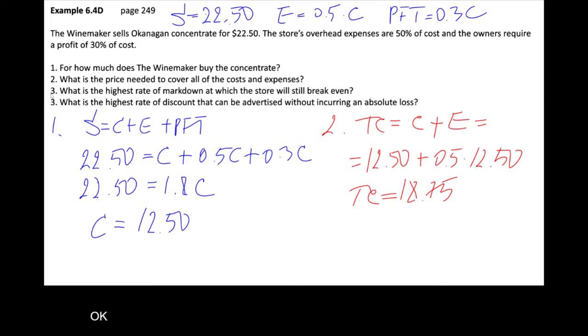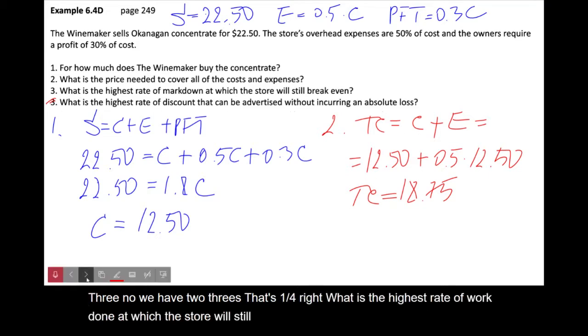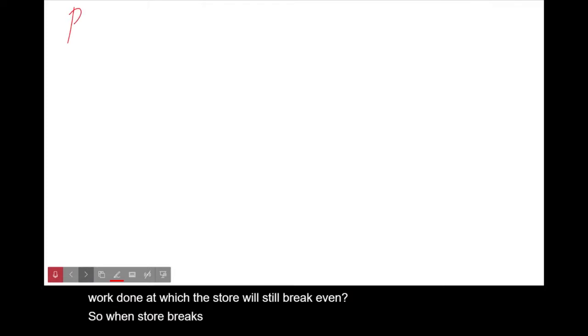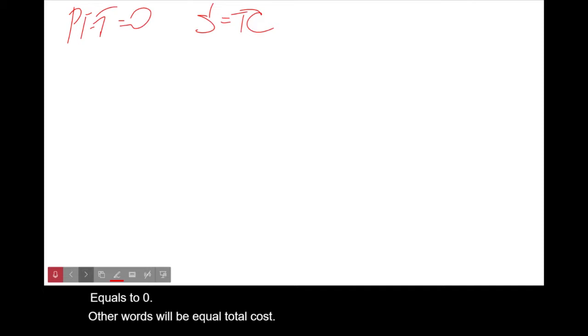Okay, number 3. No, we have 2 3s. That's number 4, right? What is the highest rate of markdown at which the store will still break even? So when store breaks even, when profit equals 0, in other words, S will be equal to total cost.